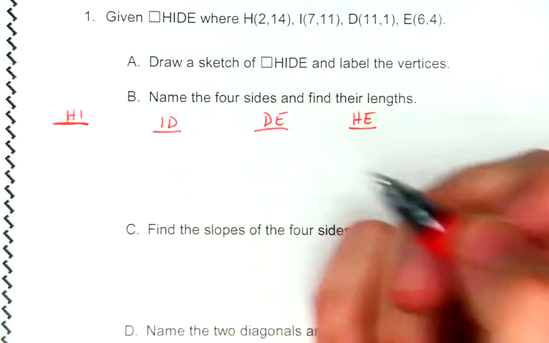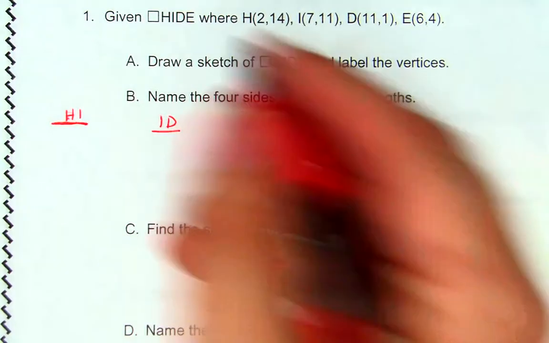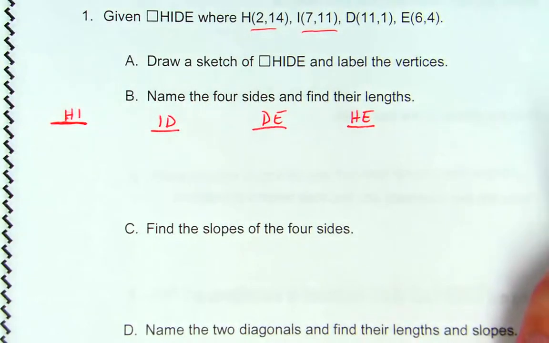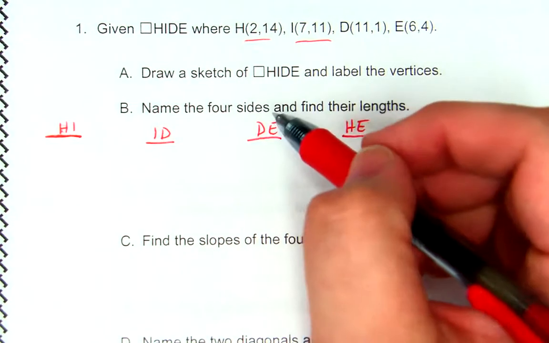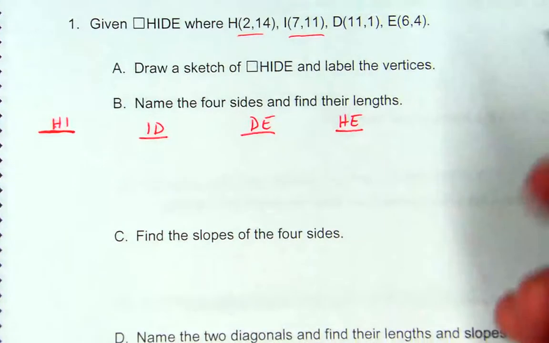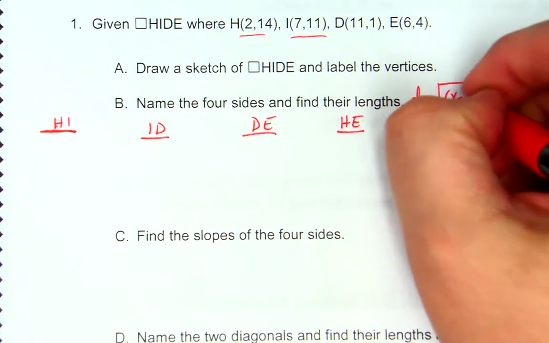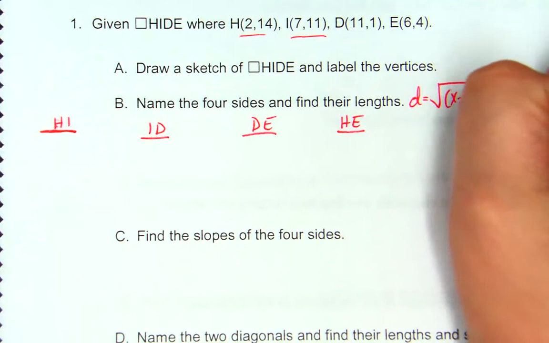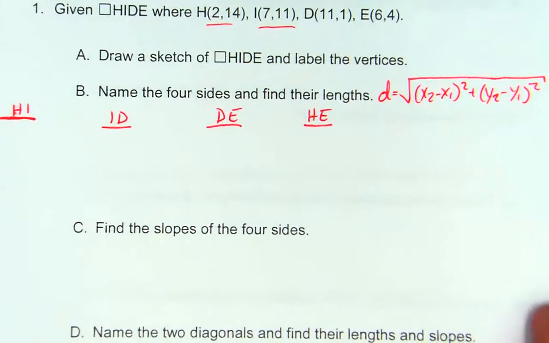All right, so for HI, I probably would have wanted to spread it out a little bit more. But for HI, I'm going to use these 2 points up here, (2, 14) and (7, 11). What do I have to do for the distance formula? All right, so that's my distance formula.